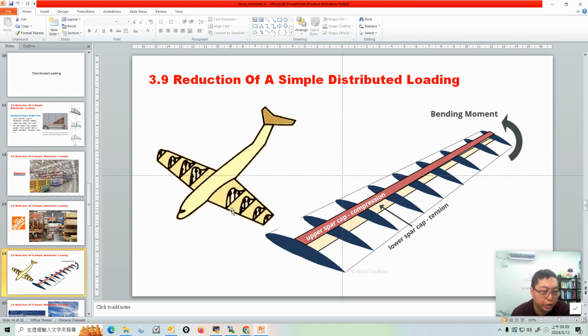For example, at the end of the wing, the lift force is smaller, but when you go to the center of the plane, the lift force is stronger. So there's a distributed load on this wing. That's a distributed loading.